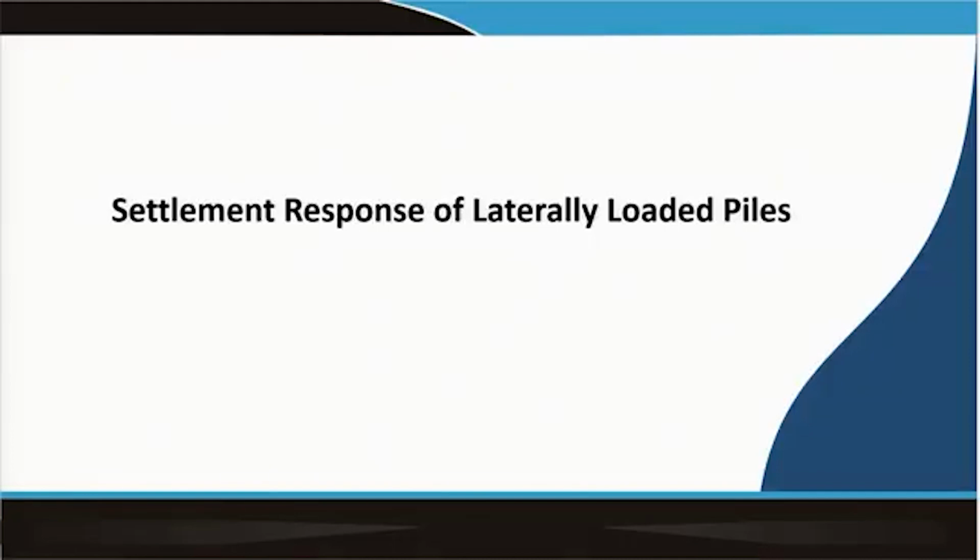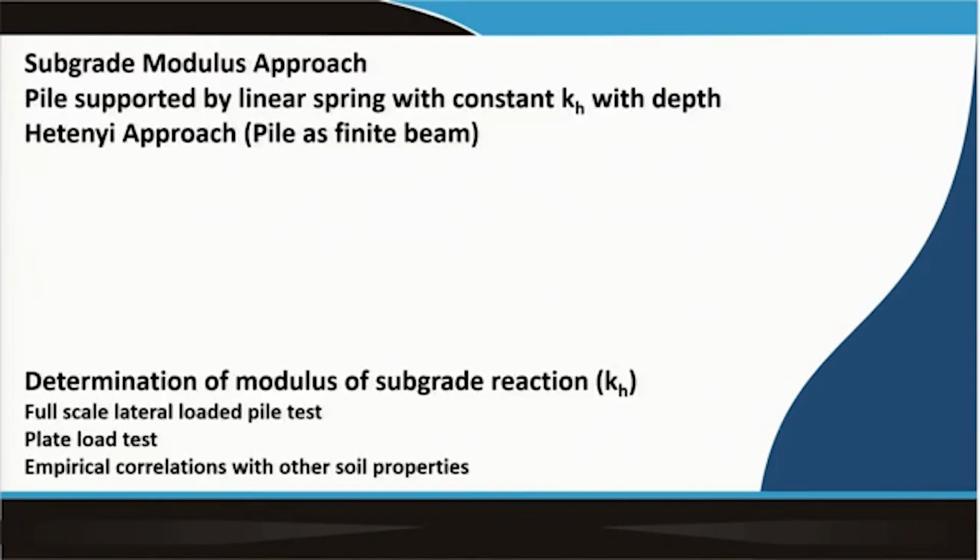So, for this settlement response of laterally loaded piles, the first approach that I will discuss is the subgrade modulus approach, because I have already discussed this approach in the topic on the concept of beams on elastic foundation. I discussed this concept for shallow foundations, when a beam is placed over springs.